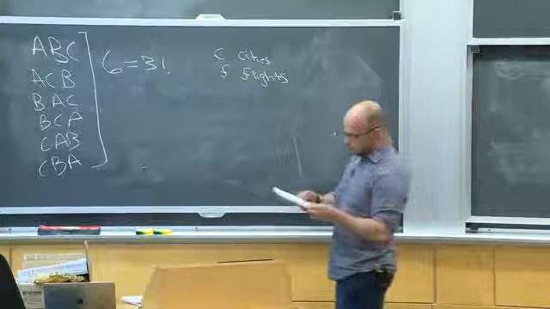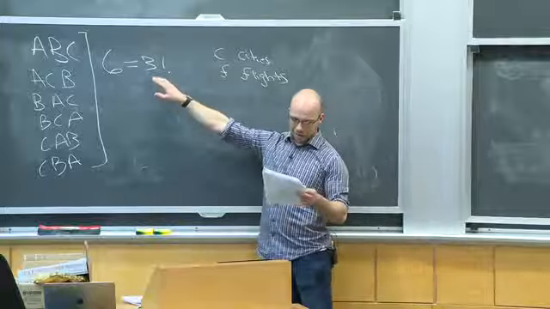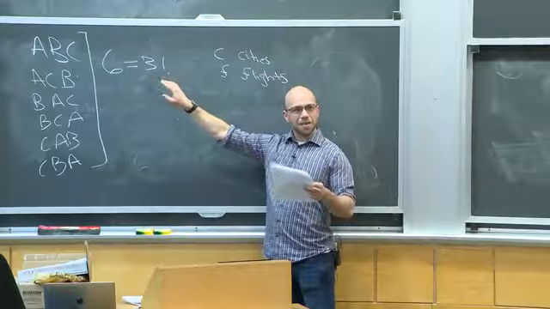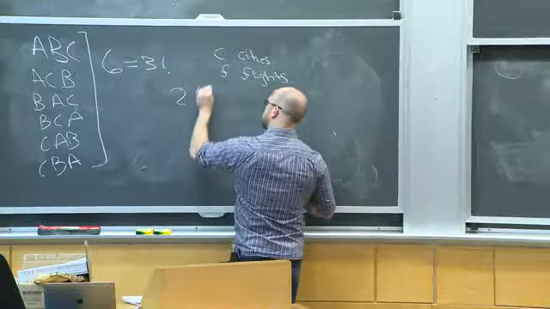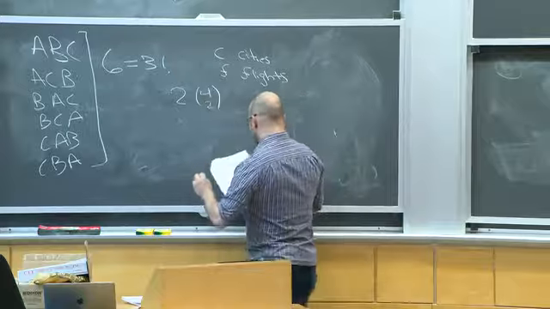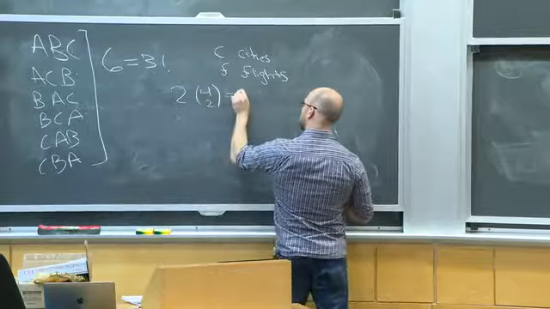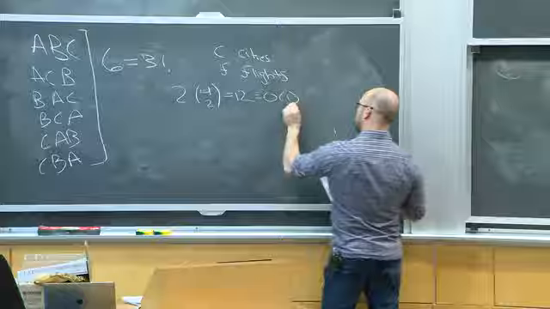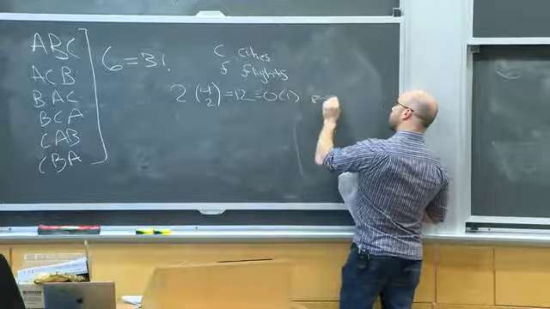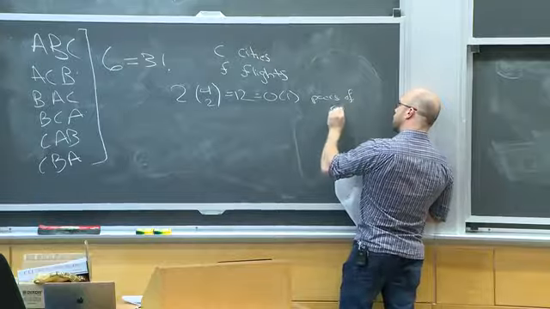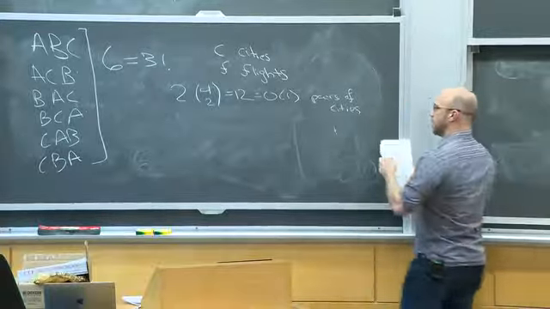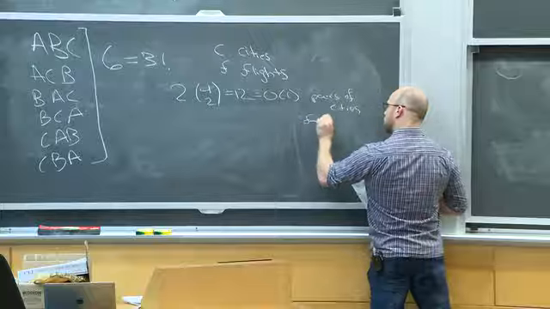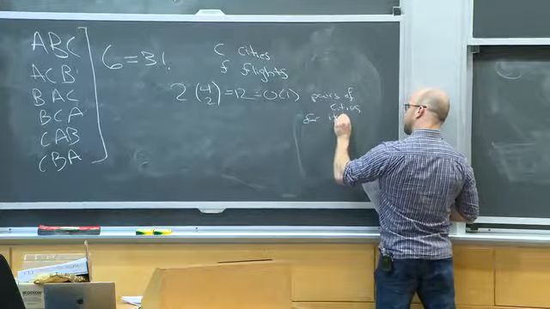Okay, so there's 3 factorial possible permutations, and at the end of the day, there's 2 times 4 choose 2. If you're wondering, this is 12, or big O of 1, pairs of cities, meaning that, for itinerary purposes.